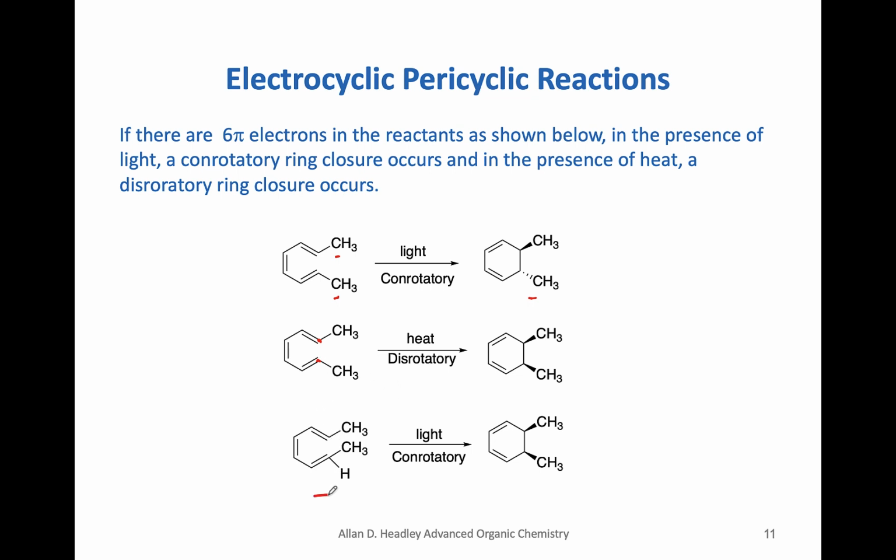And notice here again, this is a different stereochemistry for the reactant, and in the presence of light we get this as the product because it's a conrotatory ring closure. So again, this is a new type of approach to analyzing reactions and predicting the product, but with practice and just looking at the requirements, you should be able to predict the products of these reactions.